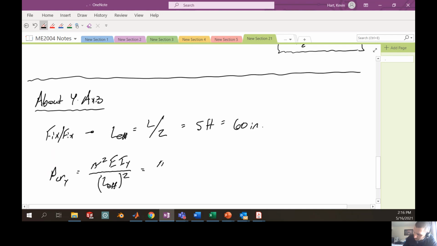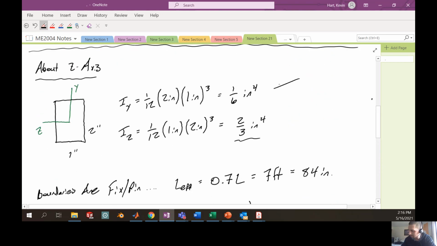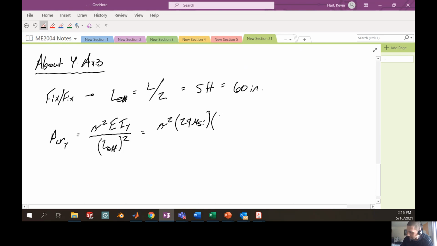So we end up with pi squared, elastic modulus 29 MSI, times area moment of inertia about Y, which, remind you, is 1/6 inches to the 4th, all divided by my effective length for buckling about the Y axis, 60 inches, squared.